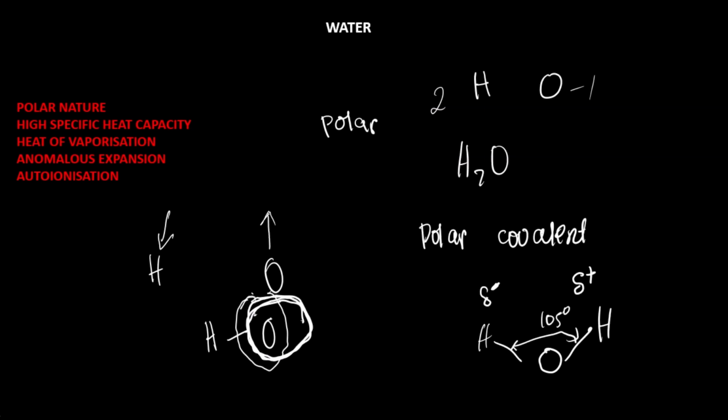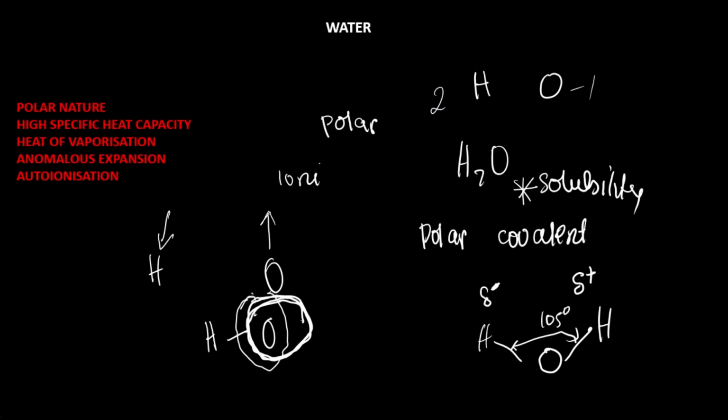This polar nature of water is important because it plays a key role in solubility. Okay, now water is generally referred to as a universal solvent, and this is because it's able to dissolve a wide array of substances, and its ability to dissolve this wide array of substances is because of its polar nature.